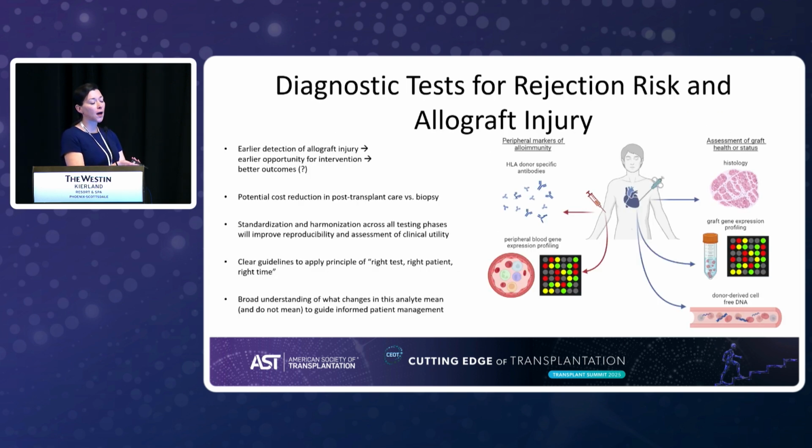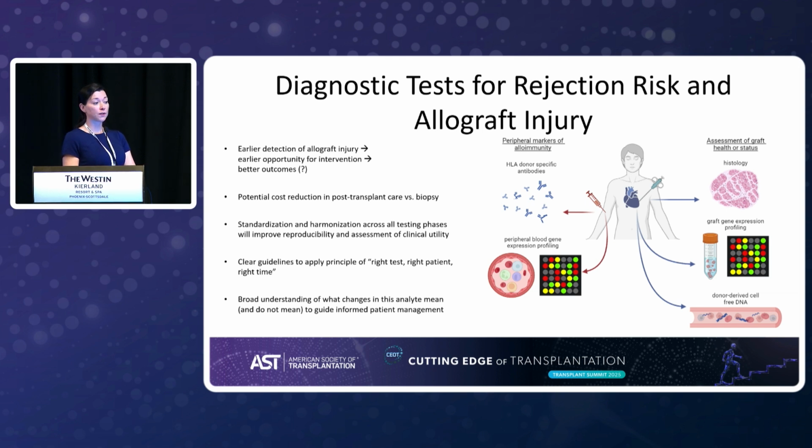So to conclude, there's definitely data that donor-derived cell-free DNA allows you to detect allograft injury earlier than most of the lagging indicators of graft function. Conceivably, this provides an earlier opportunity to intervene and give you better outcomes, which is clinical utility, but currently there's not data on those long-term outcomes.